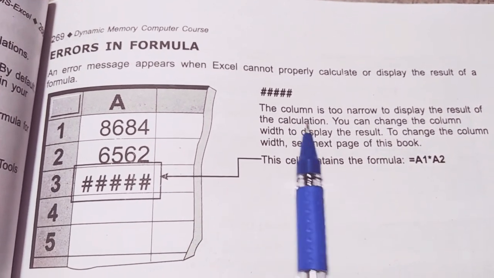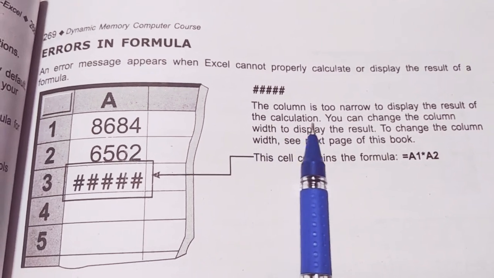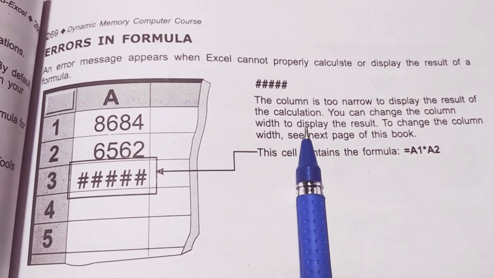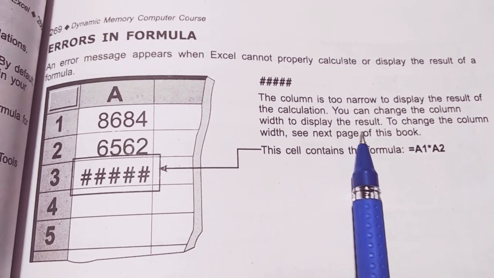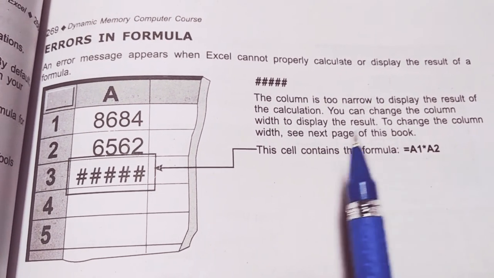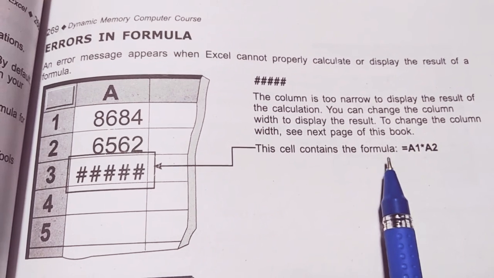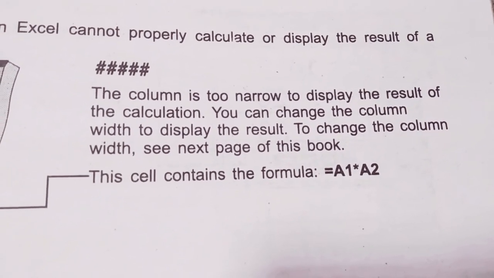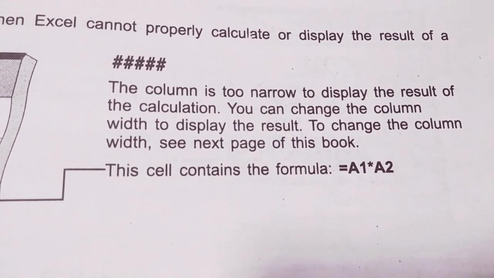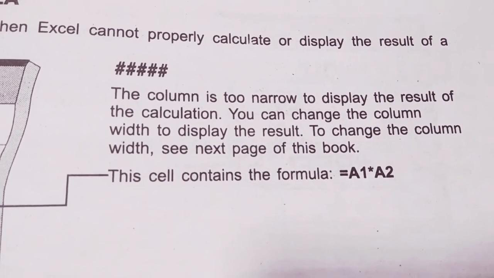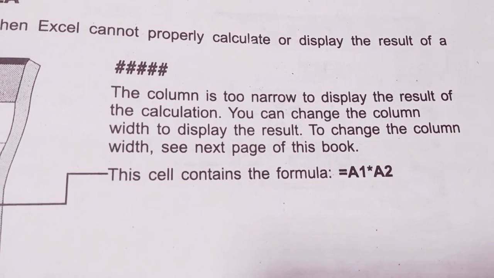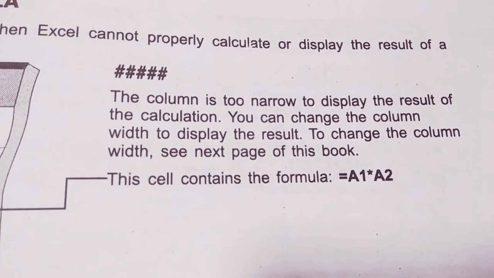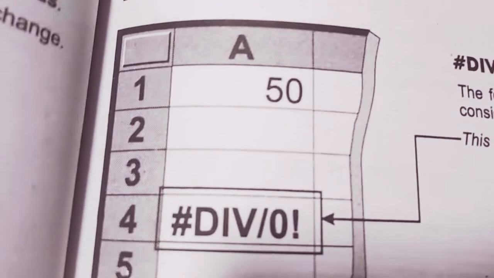Here the definition is already given: the column is too narrow to display the result of calculations. You can change the column width to display the result. This way, we can change our format and get the exact number of the calculation.